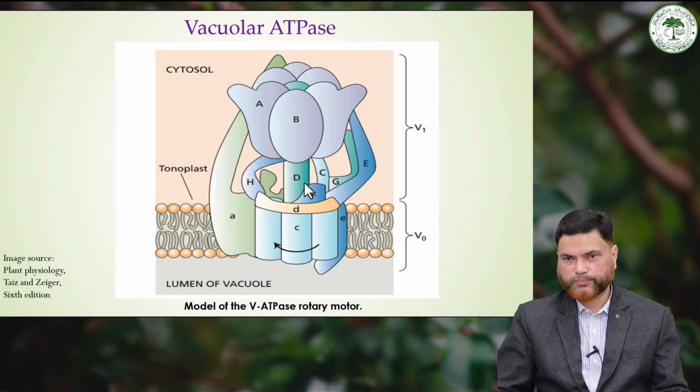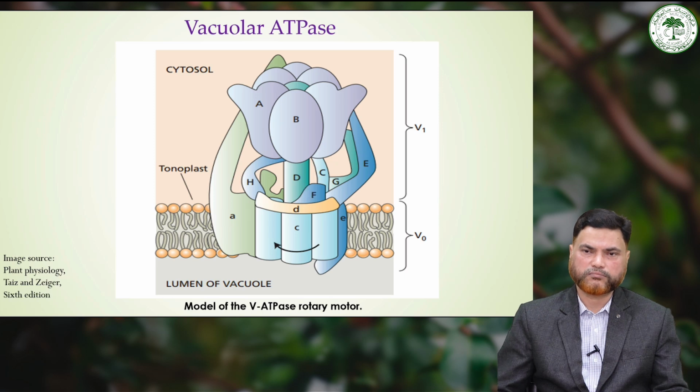Now, vacuolar ATPases. Vacuolar ATPases are proton pumps that are electrogenic, meaning they transport protons from the cytosol to the vacuole and are helpful in establishing a proton motive force across the tonoplast.